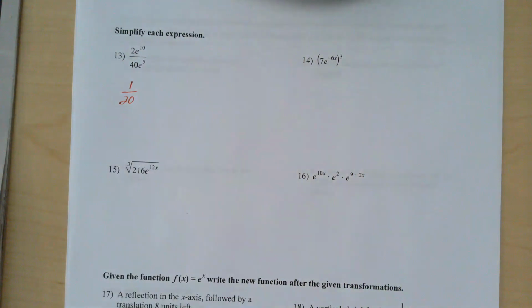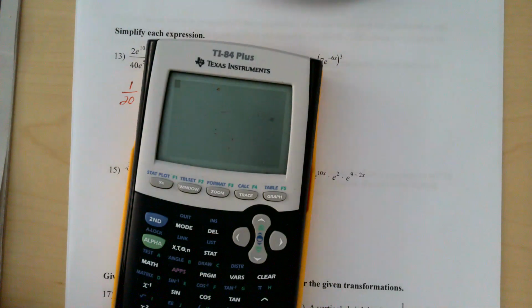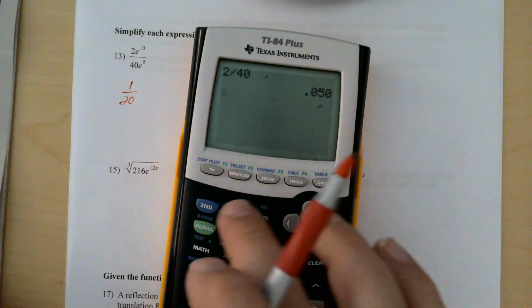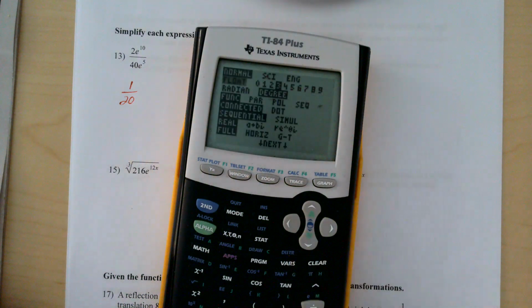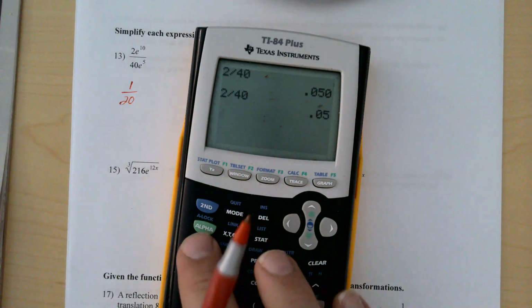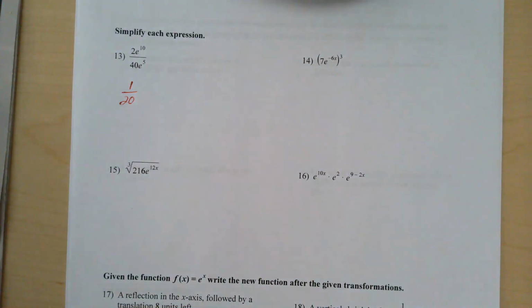Now, if you need a calculator, I'm hoping you don't need a calculator for that, but if you did, you could take 2 divided by 40. It gives you a decimal. I would prefer not having the decimal. Oh, and let me change my float back. So just so that you can see when you divide, it's really 0.05, but hit math, enter, and you're going to see it's 1 out of 20.